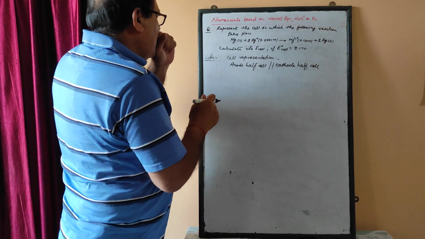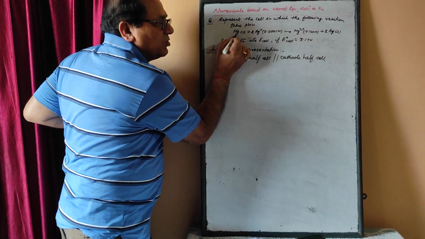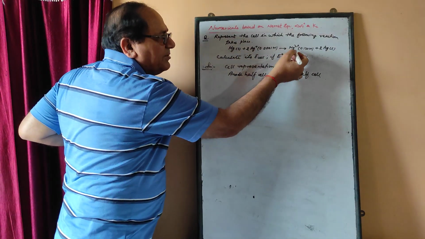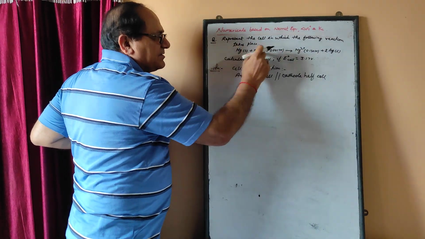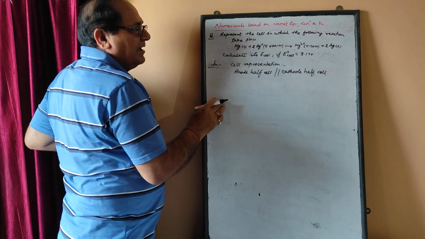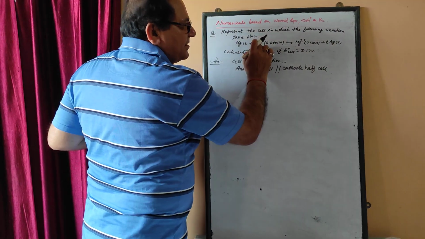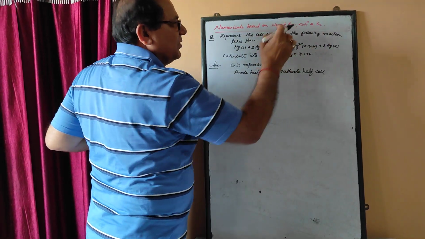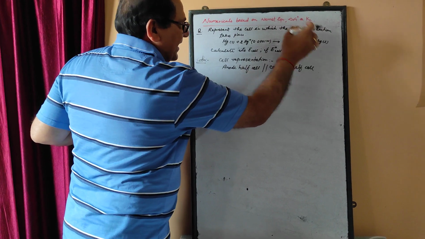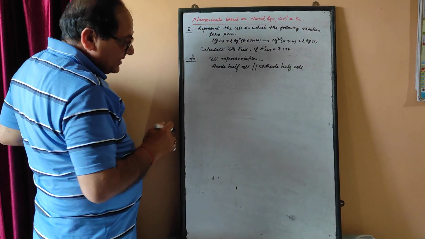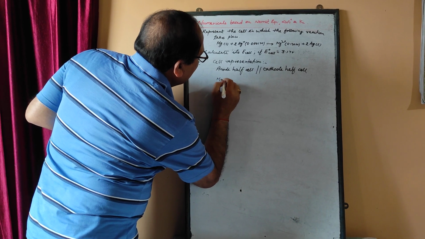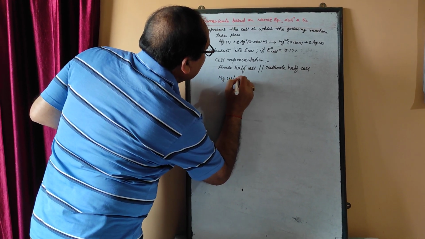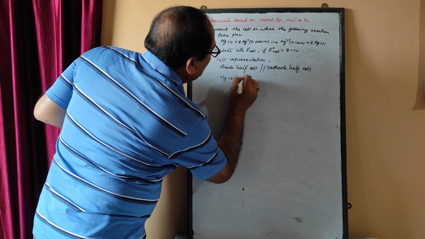Here magnesium solid is converted to Mg2 plus, so naturally oxidation of magnesium takes place. And Ag plus is converted to Ag solid, which means reduction takes place. So the cell representation is Mg solid slash Mg2 plus.